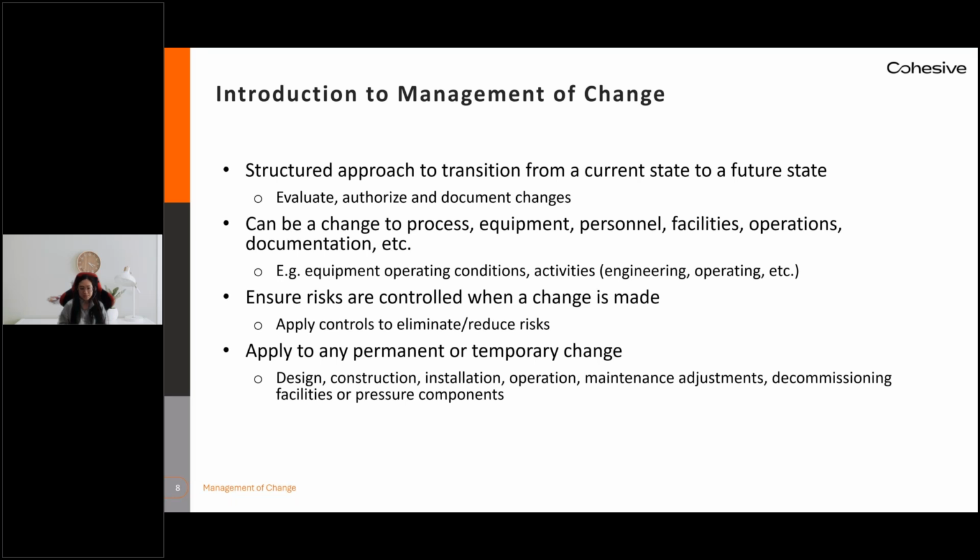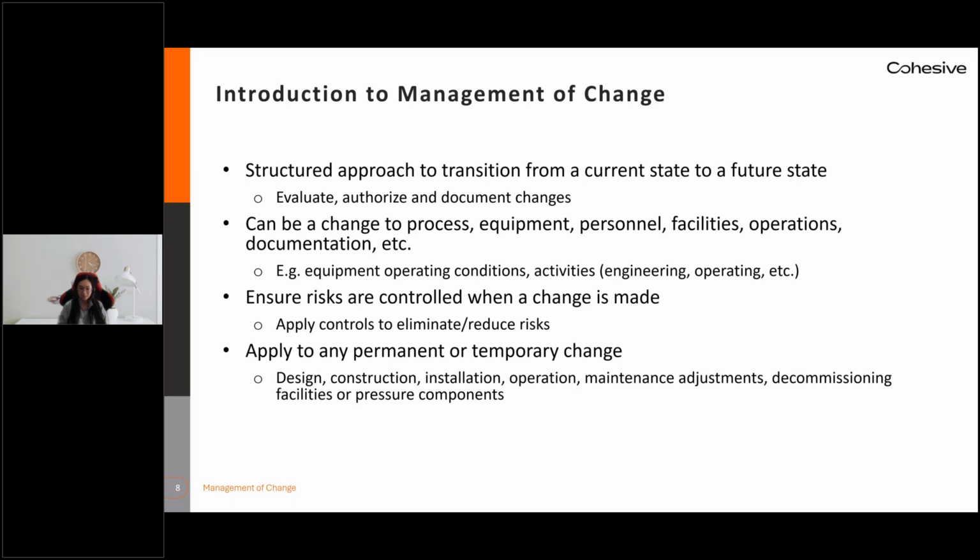MOCs do not necessarily mean a change to only equipment, but it can be a change to your process, your personnel, facilities, operations, and documentation. Some examples of these changes include alterations to the original design specs of the equipment, process modifications, and changes in operating conditions outside of the approved range.